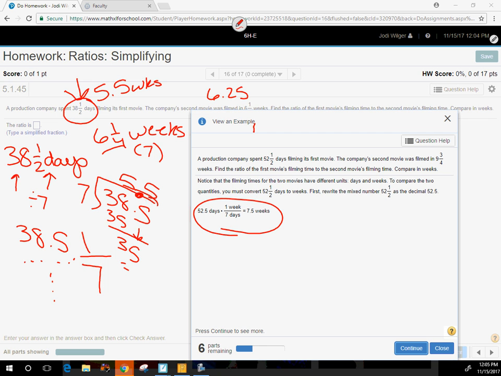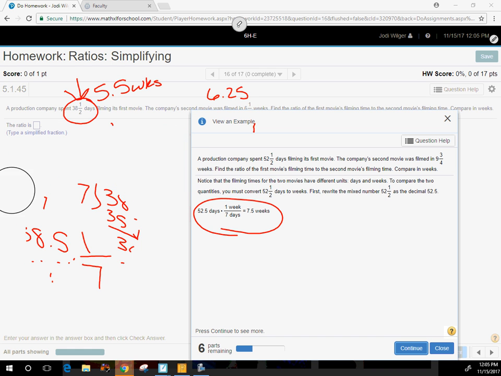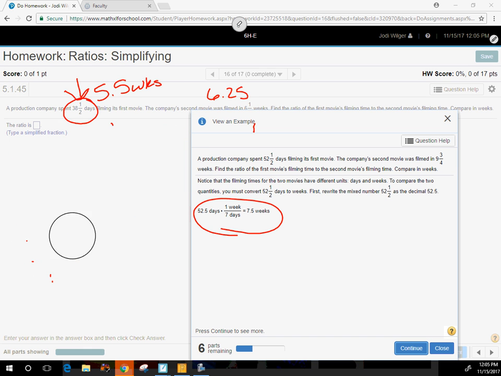I could keep it fractions, but y'all seem to like to convert to a decimal when possible, and it is possible because they end quite nicely. So far, I've followed the example. They said 52. If that's your number, you're in great shape, but this was mine, so my numbers are not going to be the same as that.